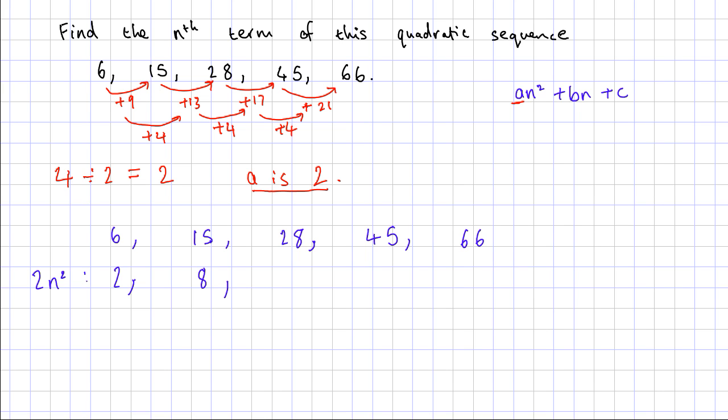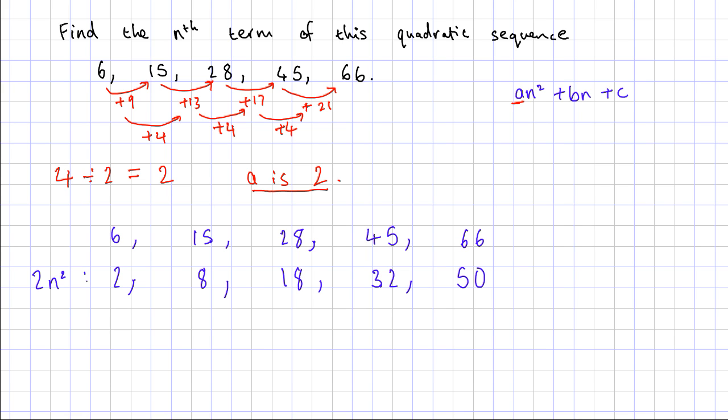Third term, 3 times 3 is 9, times 2 is 18. Fourth term, 4 times 4 is 16, times 2 is 32. And my fifth term would be 5 times 5 is 25, times 2 is 50.